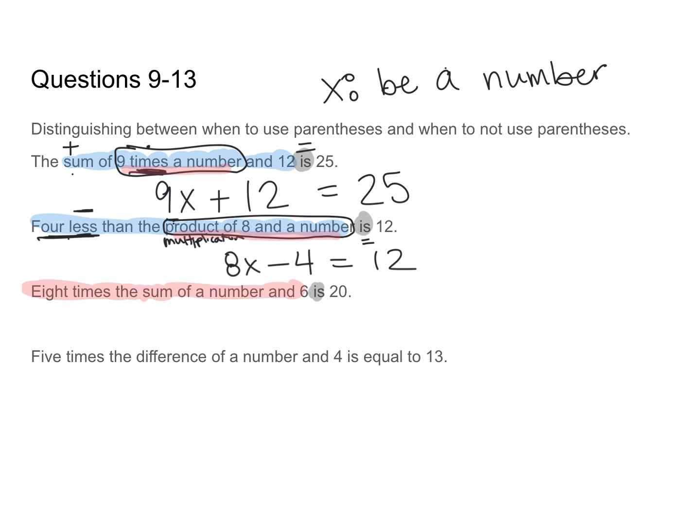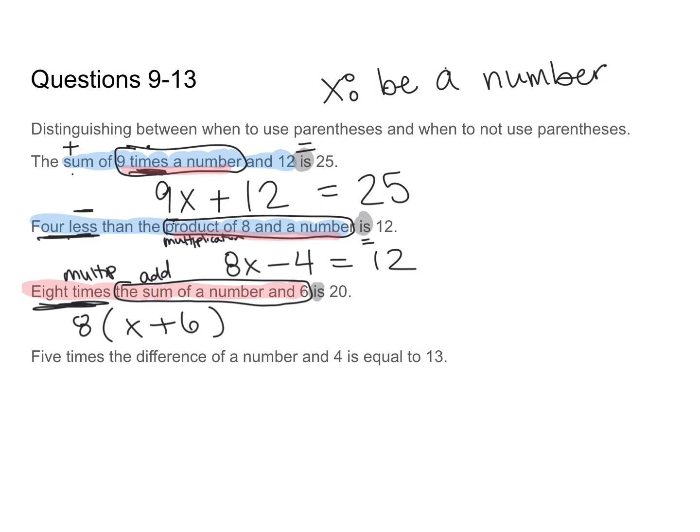Well, times, of course, just means multiplication. The sum means addition. 8 times, but because it's the sum of a number and 6, I actually need to make sure that I do x plus 6 in parentheses, because I would have to find the sum of the number and 6 before I get to multiply it by 8, because it does say 8 times the sum of a number and 6 is 20.